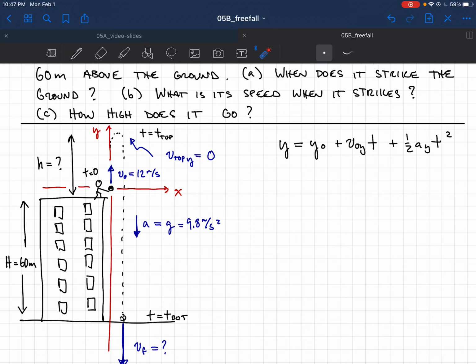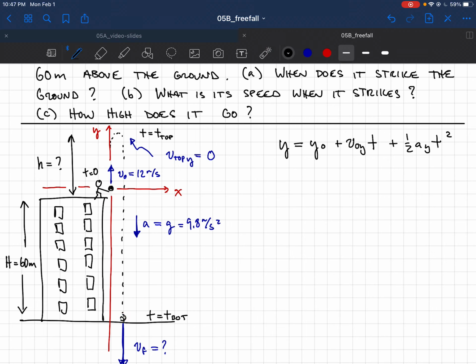Well, we're given some information about it initially. We're given some distance information, at least for the height of the building, and we're asked about times. So maybe we can apply it from here all the way down to the ground. So from the initial moment to the moment that it hits the ground.